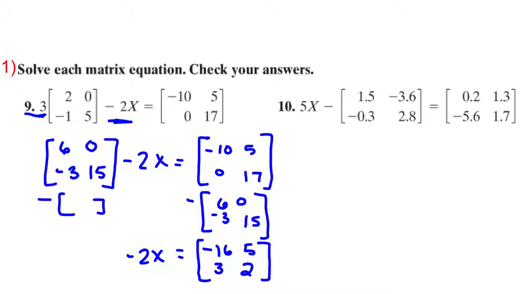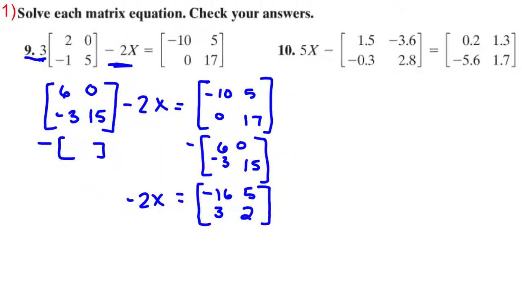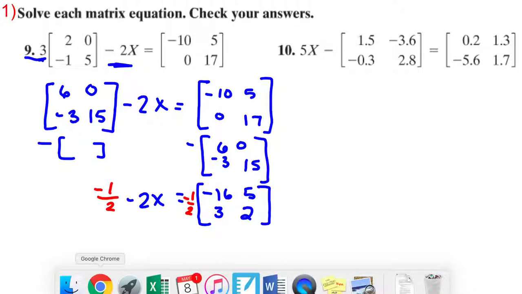Okay, now if you remember in class, I said you cannot divide, technically. With matrices, you multiply by its reciprocal. And so this is -2, so its reciprocal would be -1/2. So we multiply each element within that matrix by -1/2, which is the same as dividing by -2.